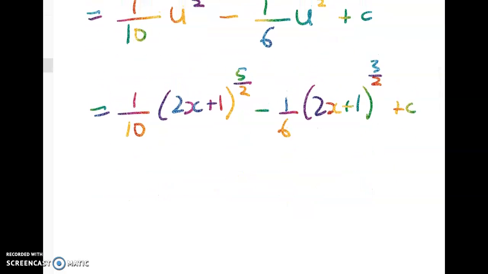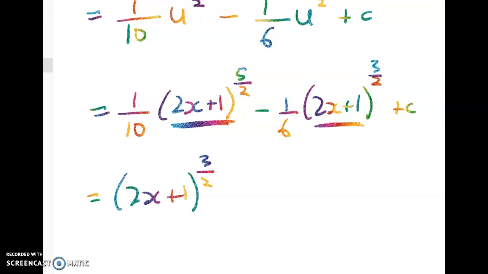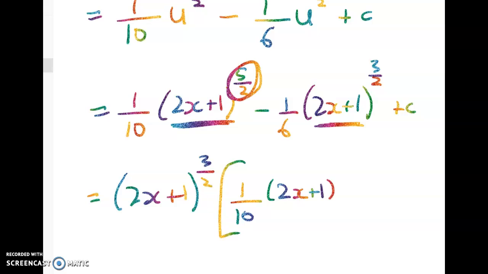But you can see in here that we've got a common factor. The common factor is 2x plus 1 to the power of 3 over 2. Let's take that out the front and see what we've got left. I've got 1/10 of 2x plus 1 to the power of 2 over 2, so that's just 2x plus 1, minus 1/6, plus c.